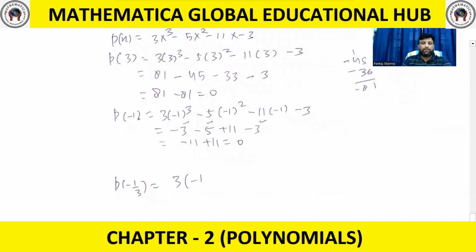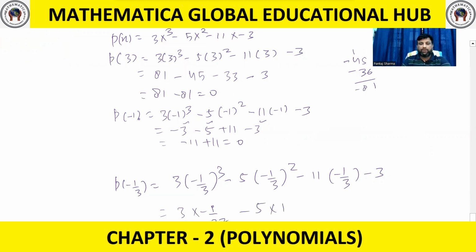So 3 into minus 1 by 3 whole cube minus 5 into minus 1 by 3 whole square minus 11 into minus 1 by 3 and minus 3. Here 3 into it will become minus 1 by 27, minus 5 into 1 by 9, and plus 11 by 3 minus 3. We can solve this.